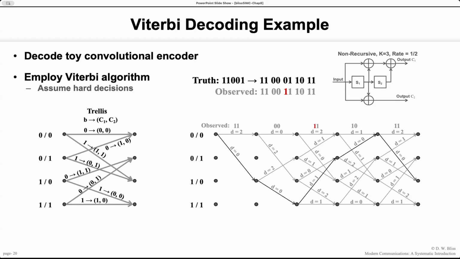And then we follow this along. We calculate the Hamming distance every step along the way. All right. So that gives us all the Hamming distances between the observed sequence and what should have happened as outputs on that transition for all allowed state transitions. All right, so then the next question is, how do we figure out what the right path is?